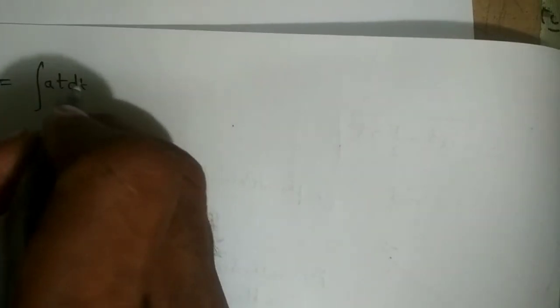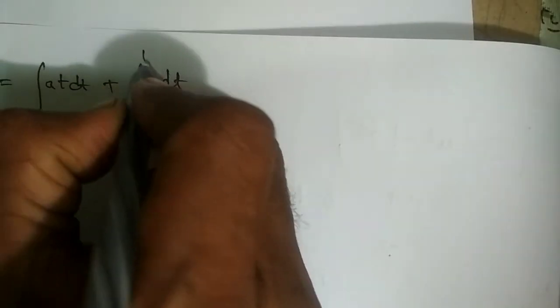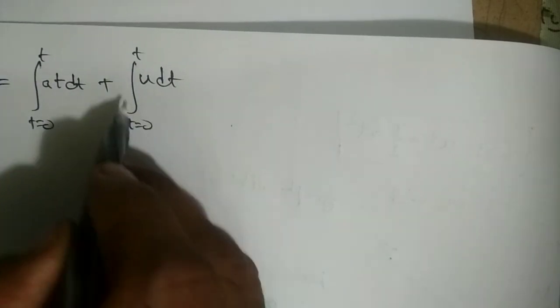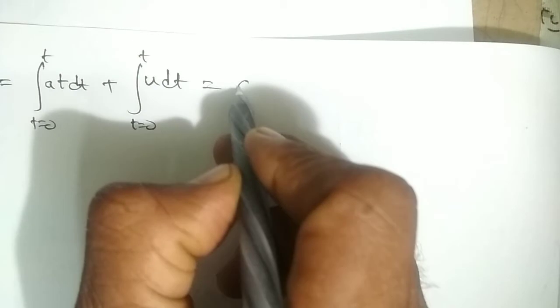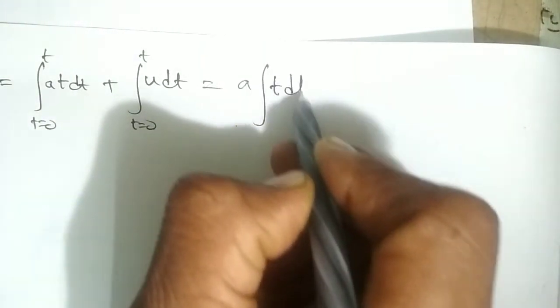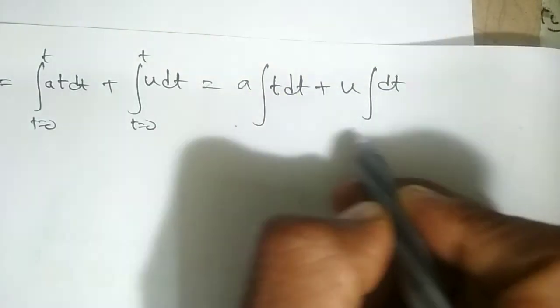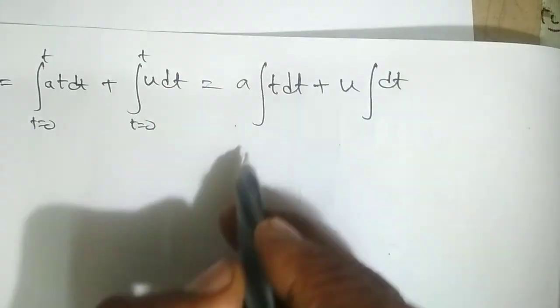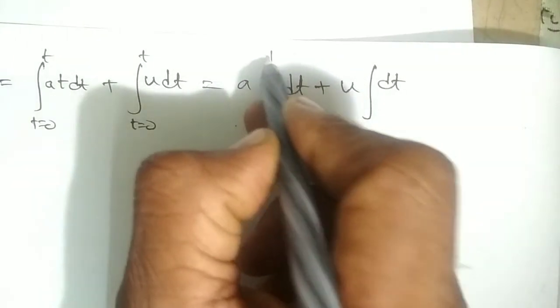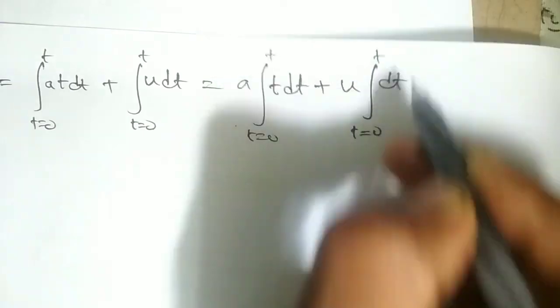So I'm going to write integral at dt plus integral u dt, from limits t is equal to 0 to t. I'm just writing the first term, the second term, the first. So a will come out, integral t dt, plus u will come out of the integration, integral simple dt. So what will this be and what will this be?